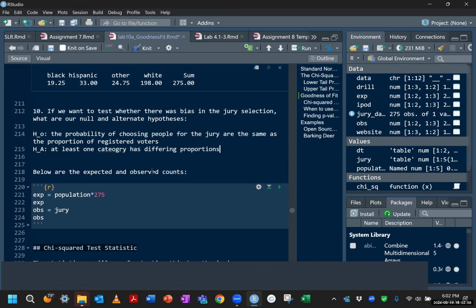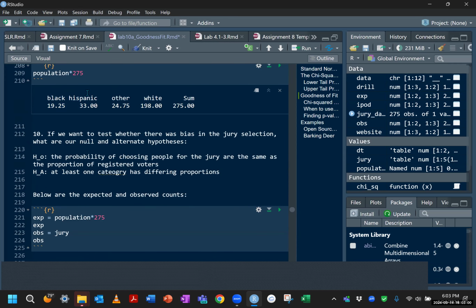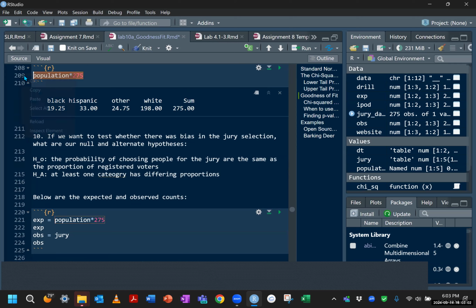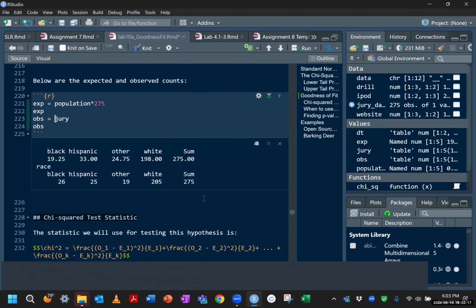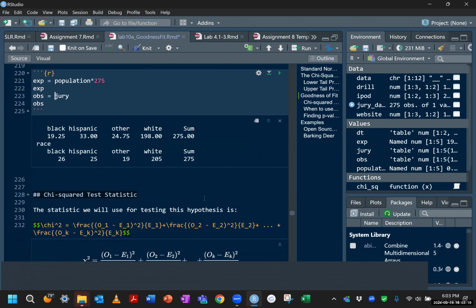Okay. So as I mentioned above, we can get this as population times 275. That gives us what we call our expected counts. That's what we expect to get if it were to be evenly distributed according to the population of the area. The observed counts, I'm going to call that obs, is what we would get from the jury. So that's all our data. Now we're going to start crunching our numbers.